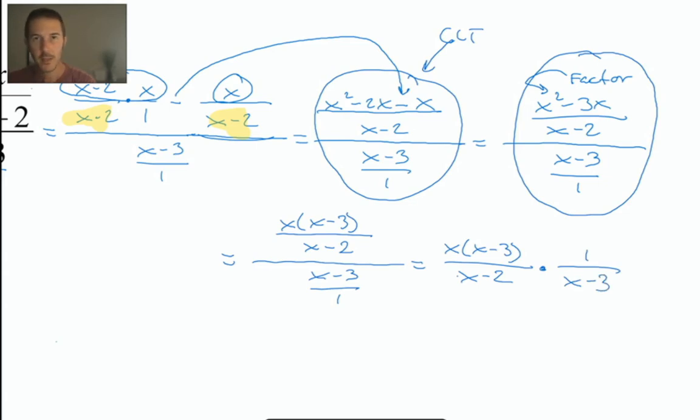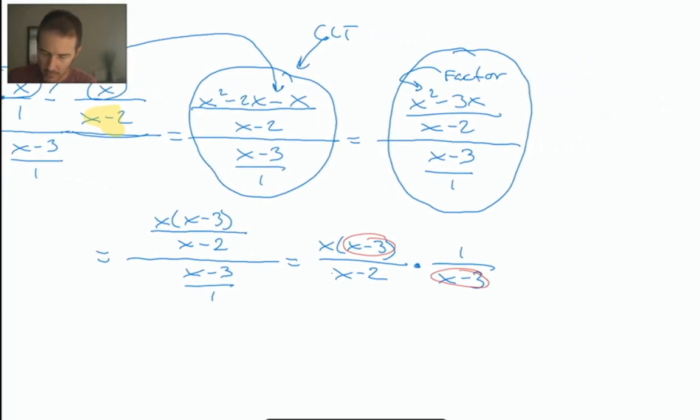And finally, there's nothing that we have to do before we reduce this multiplication process. X minus 3 divided by x minus 3, whether you want to cross them out or circle the things that you're canceling, those are going to go. And I think we can even fit our final answer right on this same line. That is x over x minus 2.